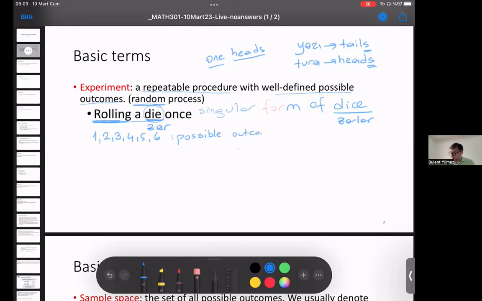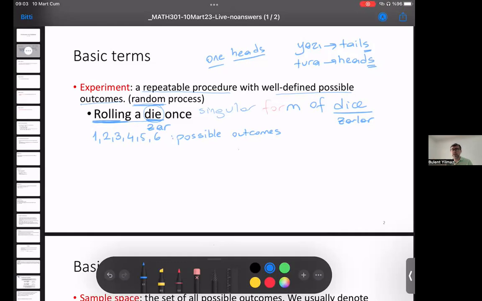Possible outcomes. Is this a repeatable process? Yes, I can repeat it a couple of times. For example, I can have 2 dice and roll at the same time, or roll a die a couple of times. I'm rolling a die once, I'm rolling a die twice. So these are experiments. I have a repeatable process: rolling a die, flipping a coin, choosing a person from a classroom.